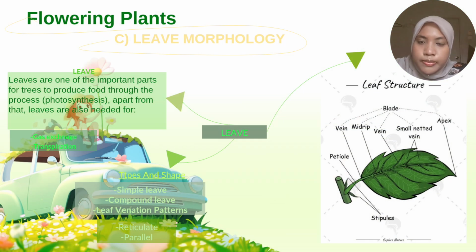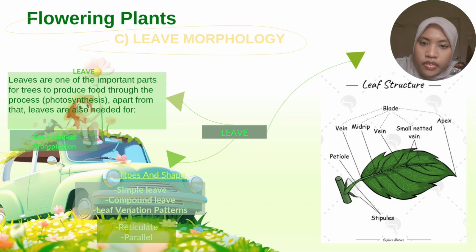So, for the last part of my explanation, flowering plants' leaf morphology. Leaves are one of the important parts for the tree to produce food, a process we know as photosynthesis. Apart from that, leaves are also needed for gas exchange and transpiration. Types and shapes: leaves can be simple leaf, compound leaf, and have leaf venation patterns.